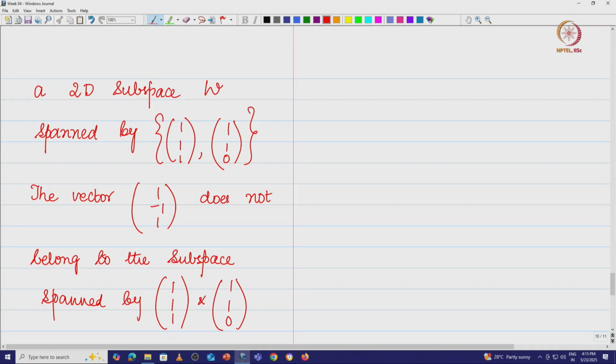That means the vector b does not belong to W, W is the subspace, right, it does not belong to W. Now what do we do in this case? We want to fit a straight line, but this vector does not belong to the subspace.